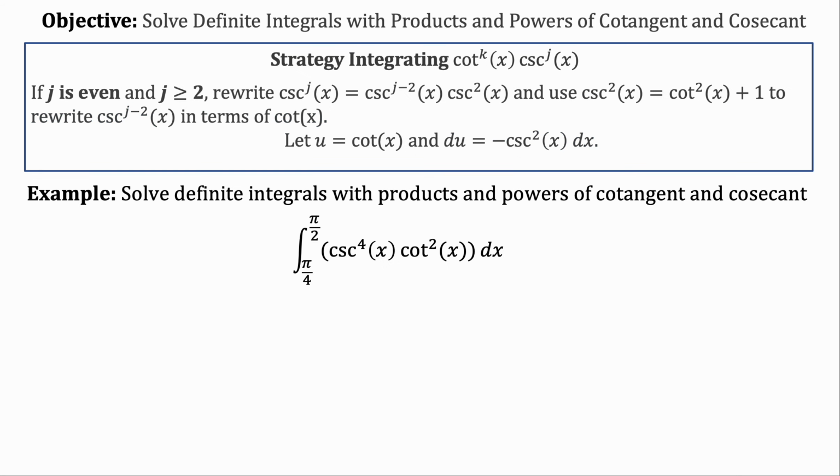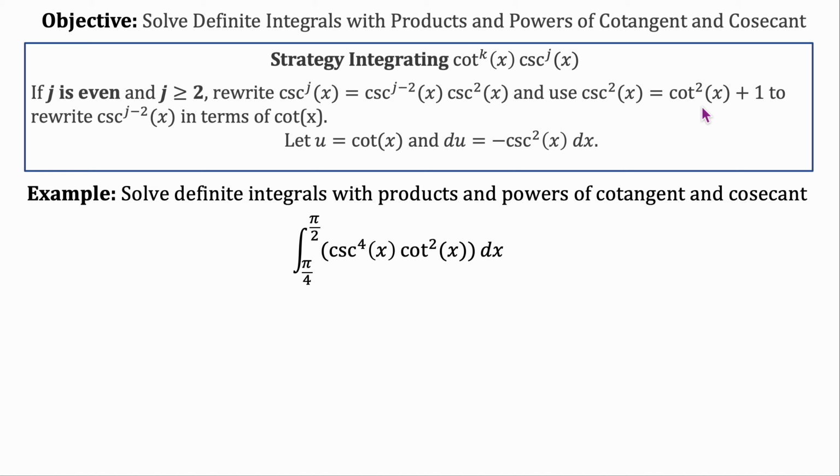So there's our first strategy. Let's talk about it a little bit. We are going to take the original J power, reduce it by 2, and place 2 of them next to it so that we can then use the Pythagorean identity that cosecant squared is equivalent to cotangent squared plus 1.